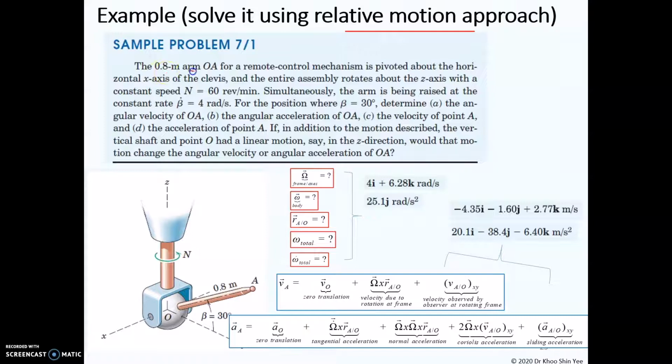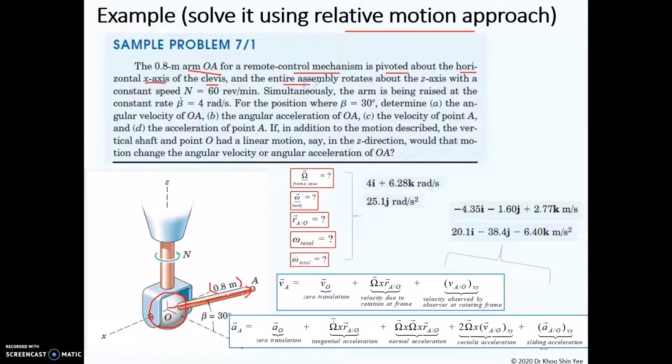So you have arm OA from here to here, given by 0.8 meter length. There is a control mechanism which pivots about the horizontal x-axis of the clevis. So this is the control mechanism which pivots in the x-axis.